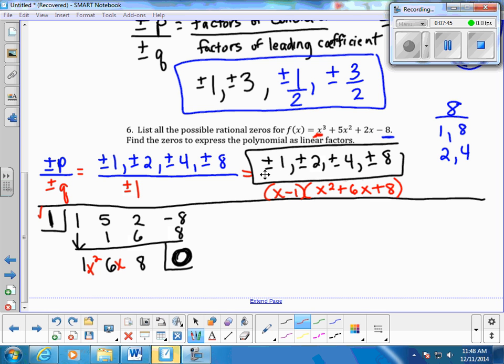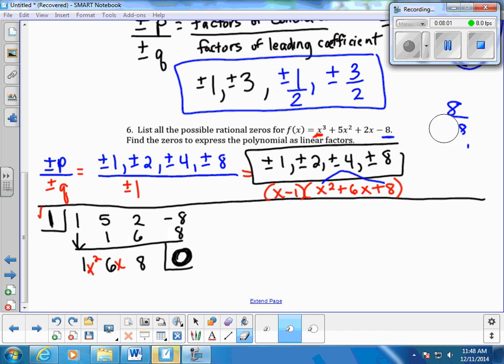Well, since I found one, I don't have to keep on going through these doing synthetic division because I'm now at a quadratic in x squared, so I can try bottoms up. Once you get to an x squared, we usually try to use bottoms up to save us some time. Okay, what multiplies to give us an 8? 1 times 8 is 8.